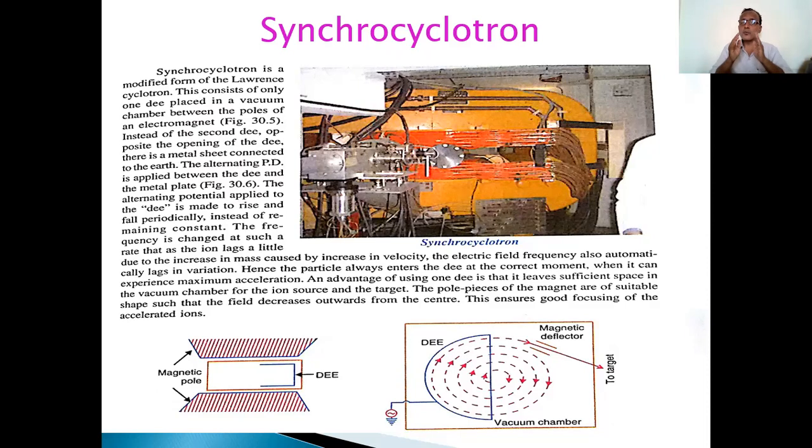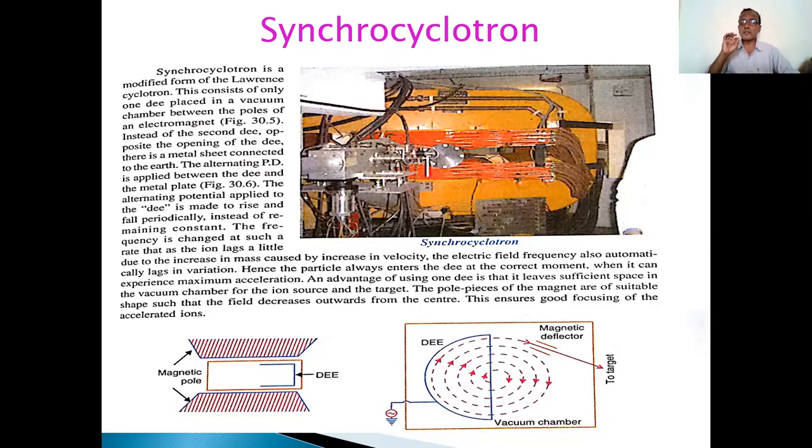Instead of maintaining a constant frequency, it is changed at such a rate that as the ion lags a little due to the increase in mass caused by the increase in velocity, the electric field frequency also automatically lags in variation. That means the difficulty we were facing in the cyclotron, that ions are lagging behind due to the increase in mass, decrease in velocity, and the frequency goes lagging behind.